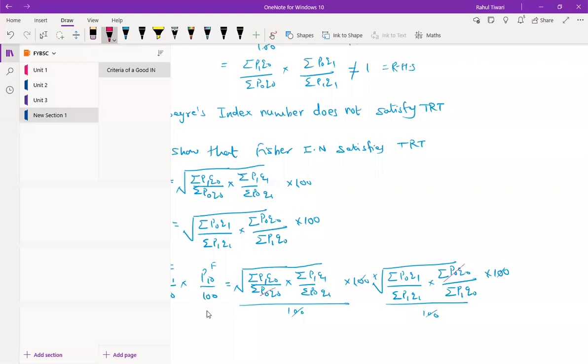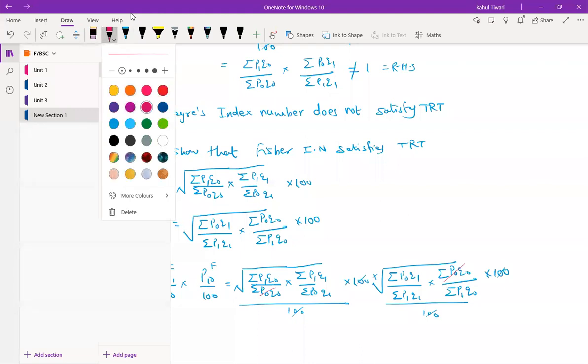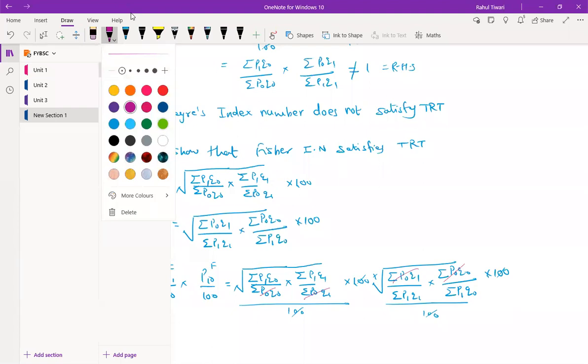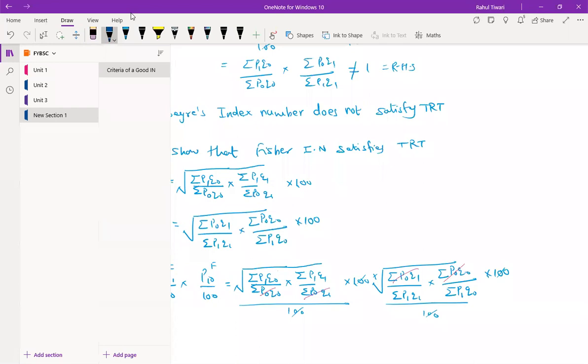Similarly, you have P0, Q1. So this is P0, Q1, P0, Q1. Similarly, you have another one which is P1, Q0.